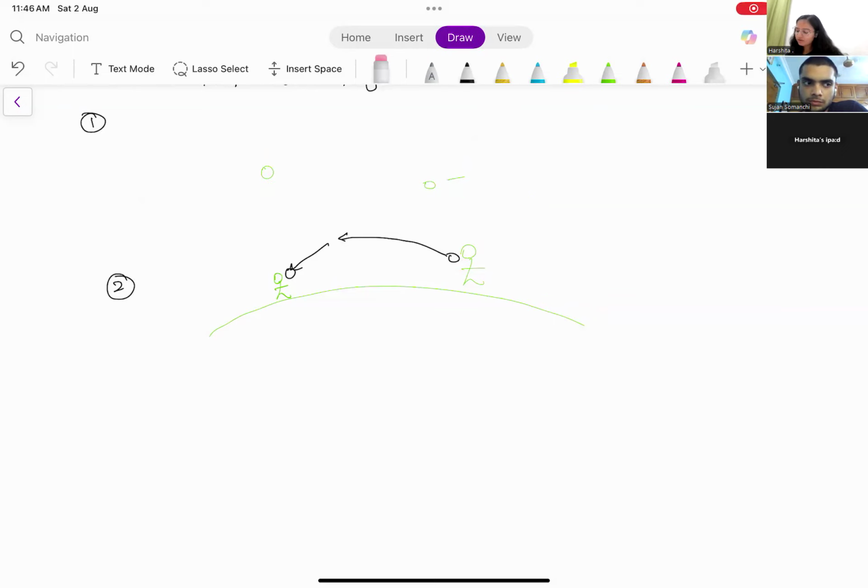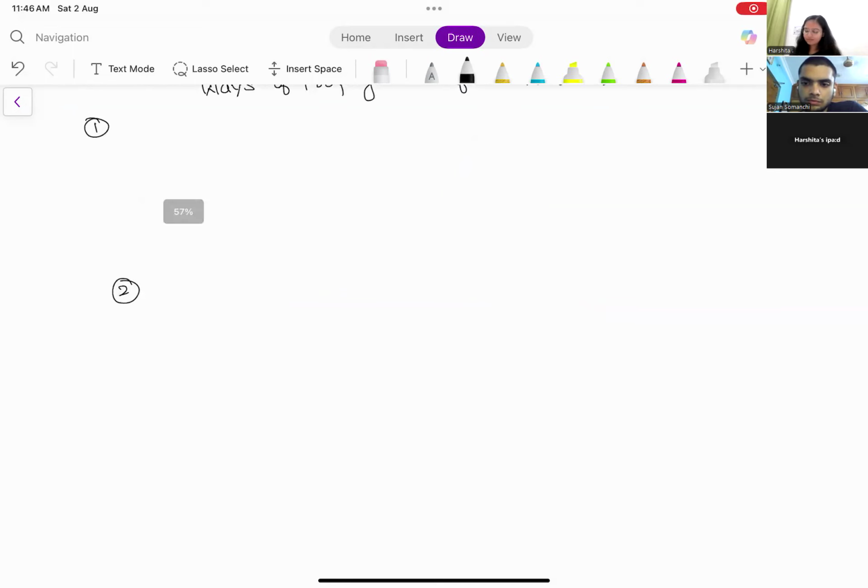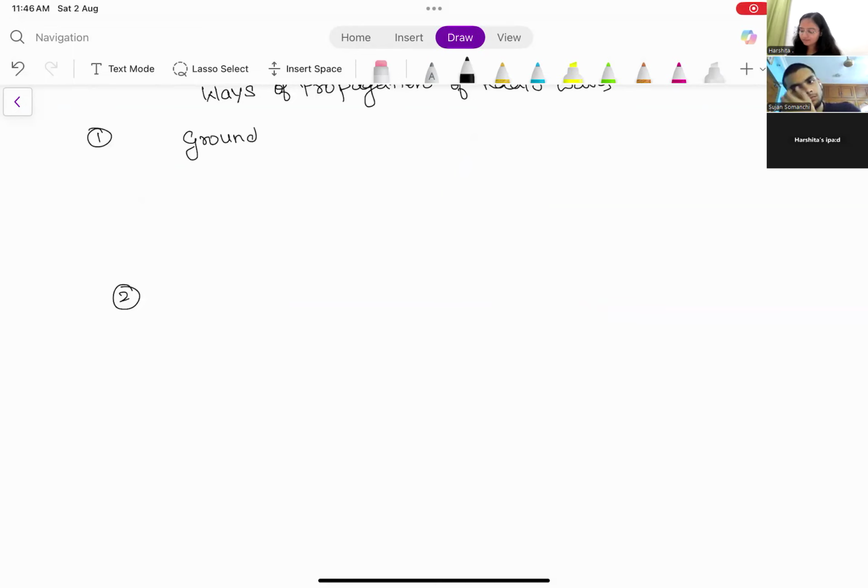Similarly, there are two ways in which you can send the waves also. Number one is the ground waves. The other waves are sky waves.